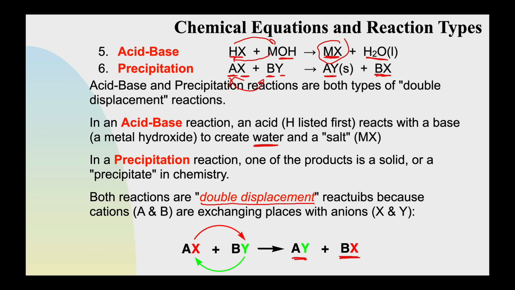But the difference in a precipitation reaction is that one of the products, maybe both, but more likely one of them, is a precipitate. And a precipitate in chemistry is just a fancy name for a solid. So making a solid, making a precipitate, is what distinguishes precipitation reactions from acid-base. Acid-base, you make water and a salt. In precipitation, you make some kind of a solid.